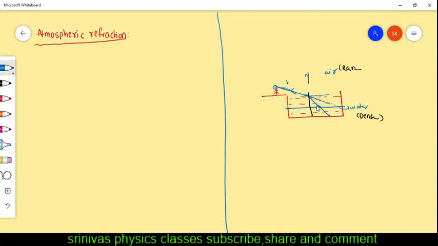The light ray is actually coming from the bottom of the swimming pool, but due to the bending of the light ray after entering the other medium, when it moves from water to air, the original bed will not appear.